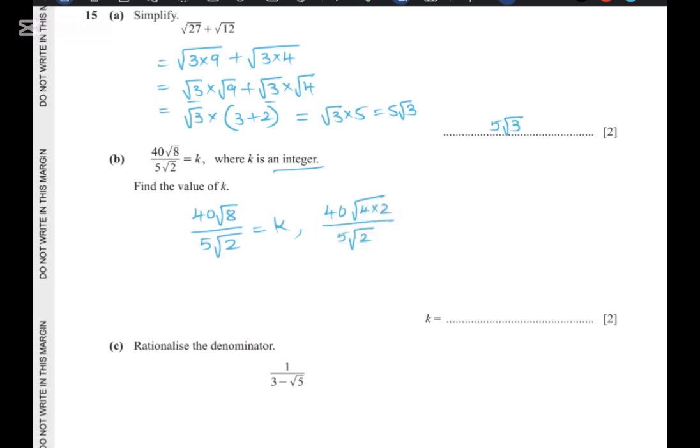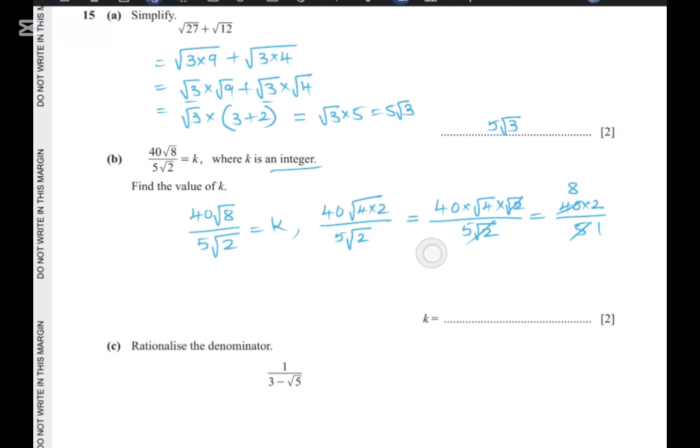The denominator cannot be split. Then 40 into root 4 into root 2 by 5 root 2. Now the root 2s can be cancelled out, and root 4 can be written as 2. So 40 into 2 by 5. 5 times 1, and 5 times 8 is 40. So 8 twos are 16 is the answer. So k is 16. Question A, B is done.